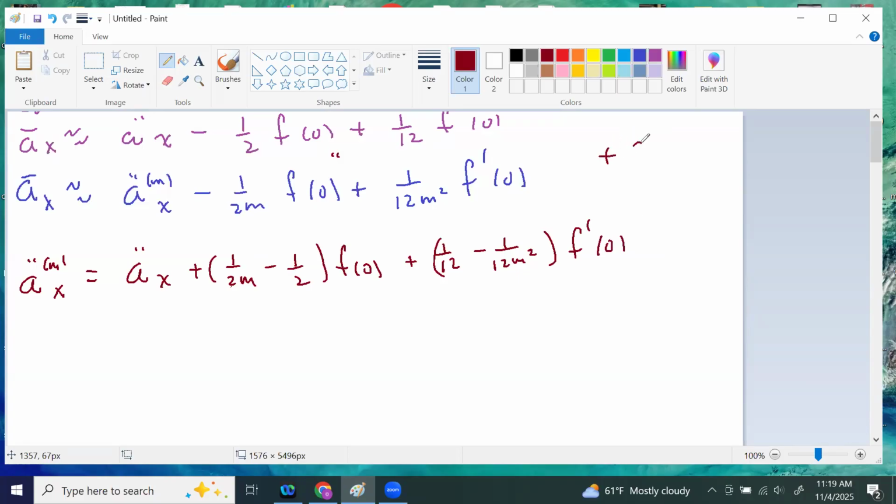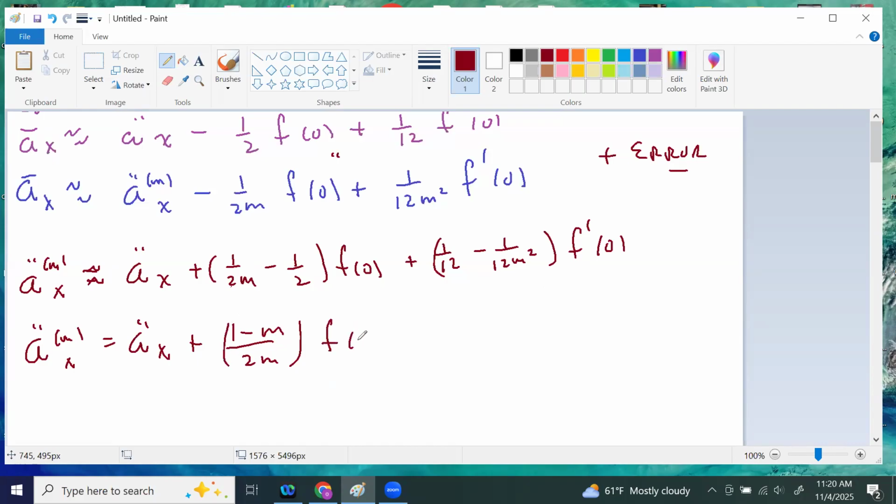And there is a plus error, which I'm not going to worry about. I told you this is not a numerical analysis, and this is, of course, approximate. Now let's just do some terms here. So getting the old common denominator, it's 1 minus m over 2m. Notice that's negative, so we'll fix that. And then this one here is going to be m squared minus 1 over 12m squared.